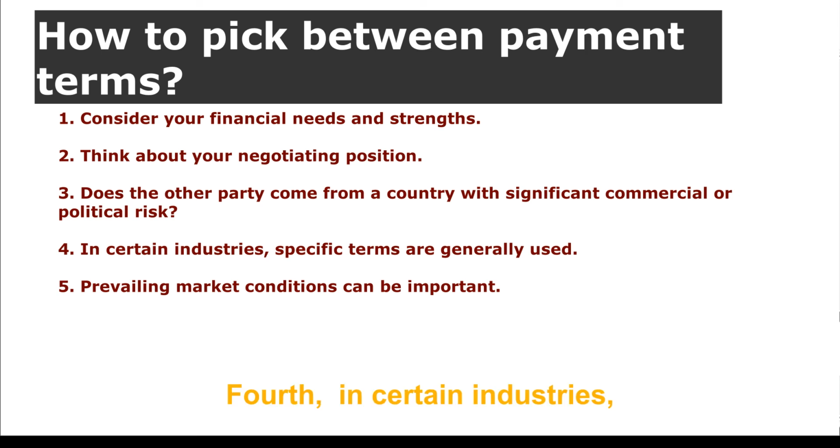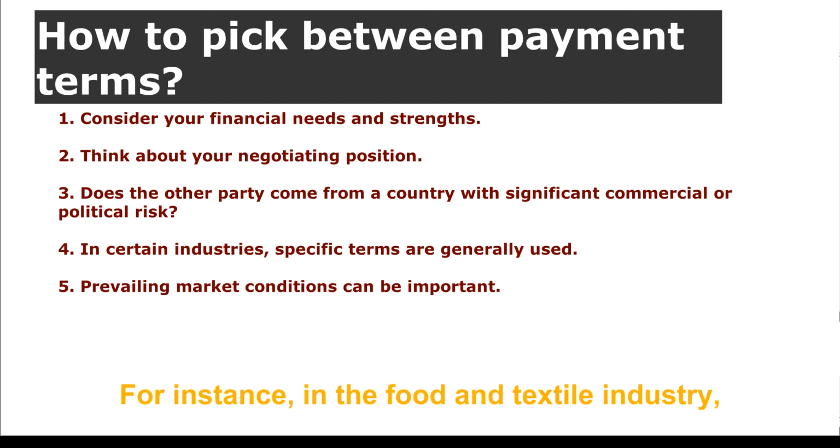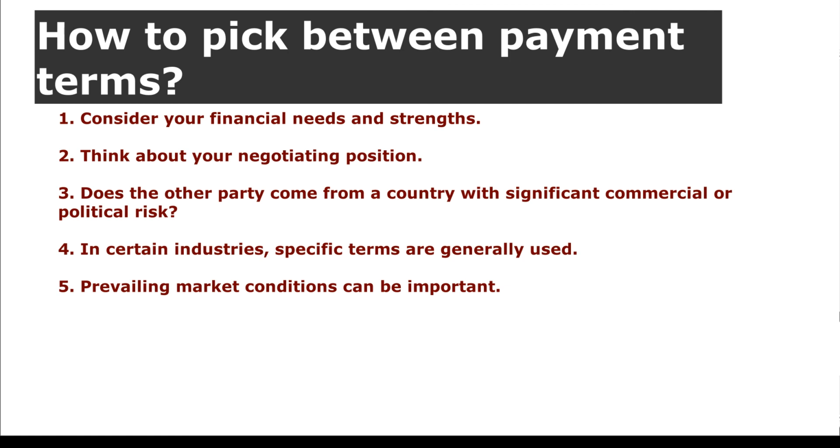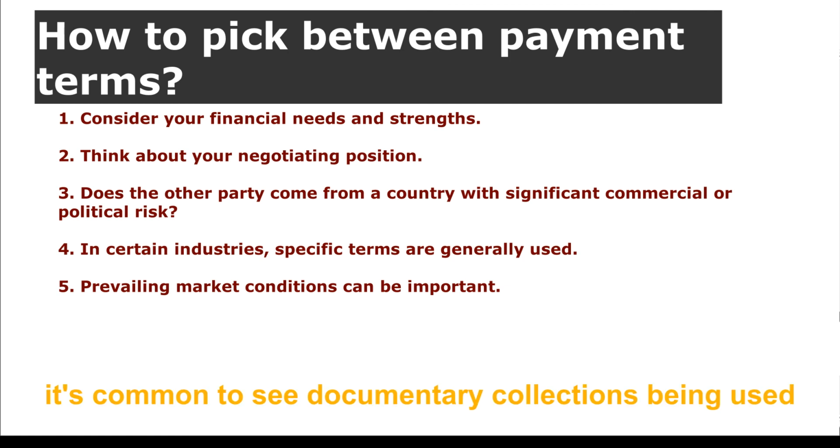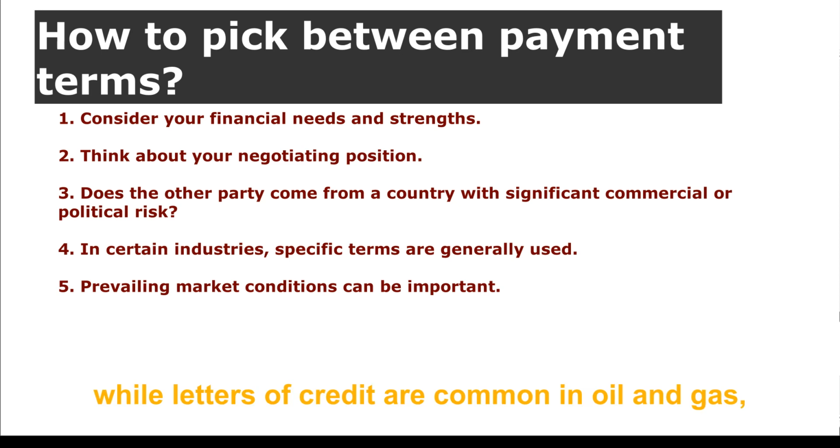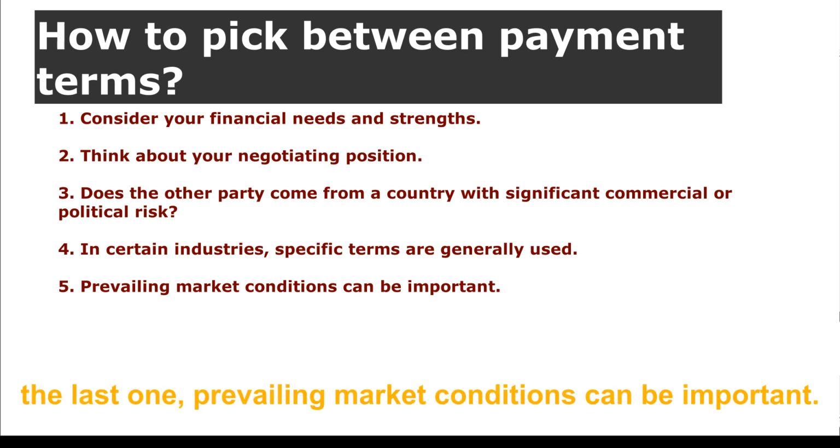Fourth, in certain industries, specific terms are generally used. For instance, in the food and textile industry, it's common to see documentary collections being used, while letters of credit are common in oil and gas. The last one, prevailing market conditions can be important.